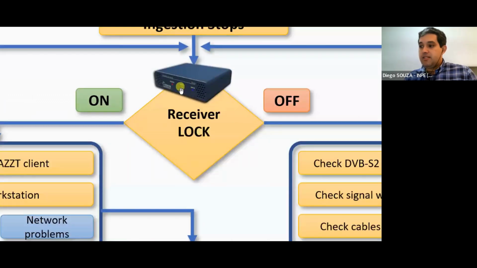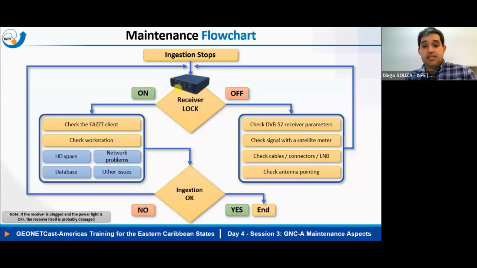However, if the lock light is off, that means that the problem is either in the receiver itself or in the components before the receiver, like cabling, connectors, LNB, or the antenna alignment, or even a combination of factors, okay?